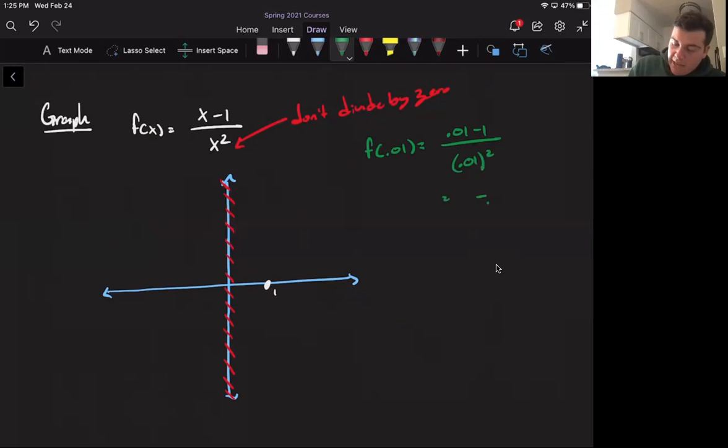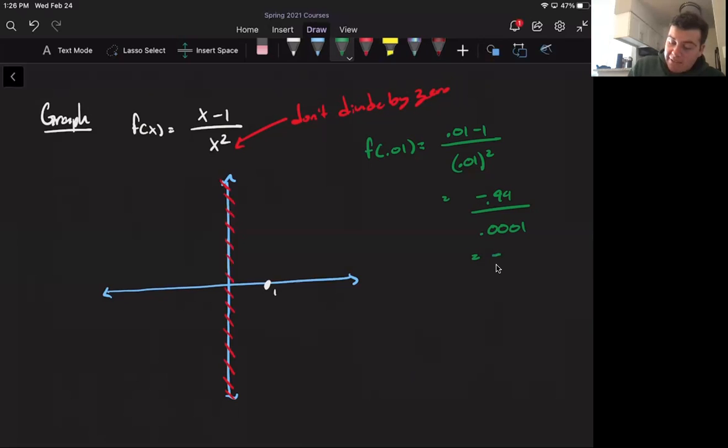That's negative 0.99 divided by 0.0001, which, when we divide by that, we need to multiply by 10,000 to get back the top.